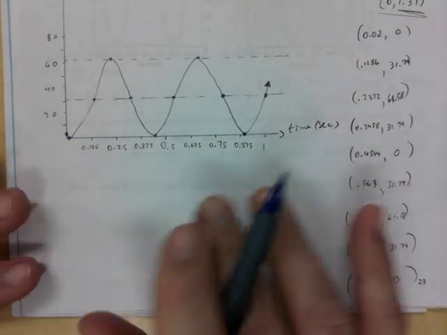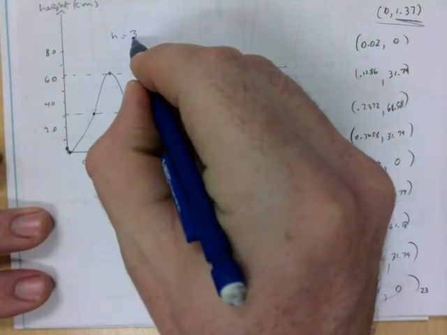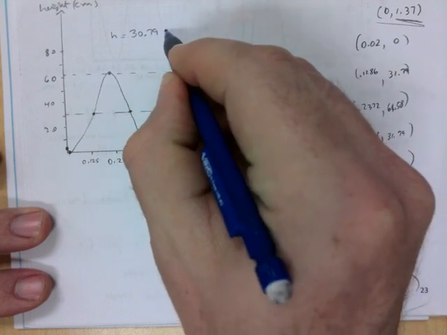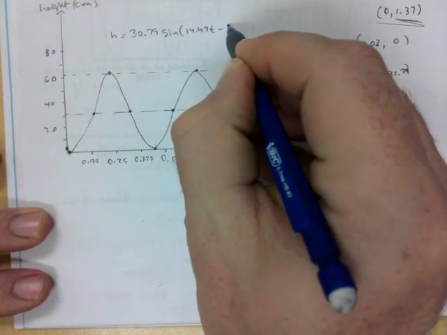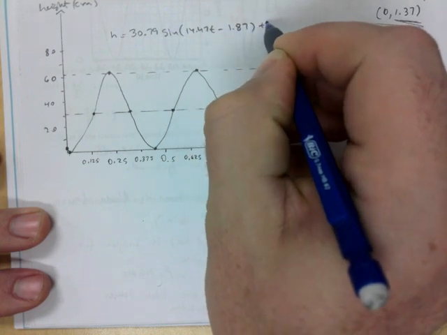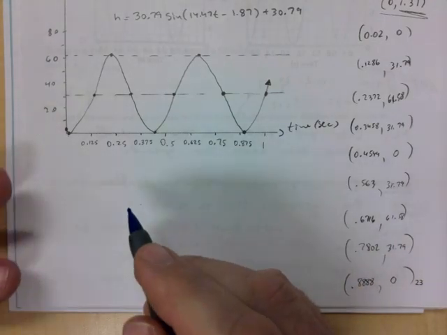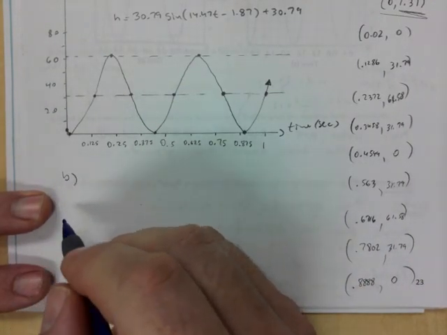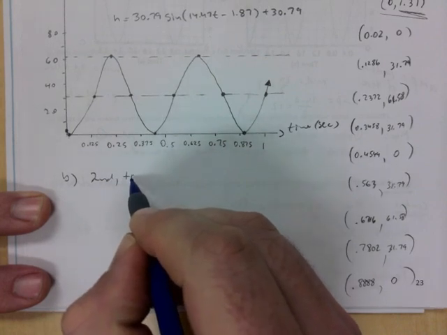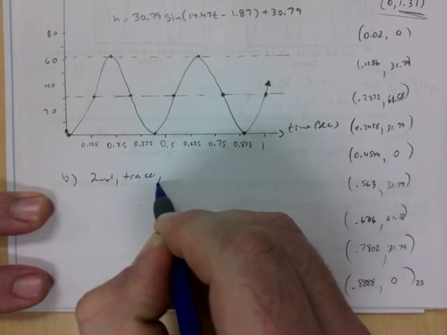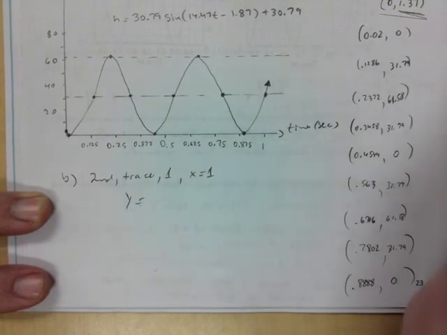Okay, so we have all of this. The only thing missing, of course, is the equation, minus 1.87 plus 30.79. Okay, there we go. That's my graph. And then for B, what will be the height of the stone at 1 second? So second trace, x is equal to 1, and then we'll figure that out.